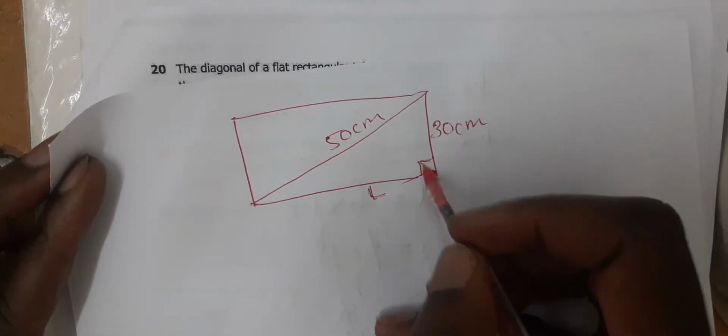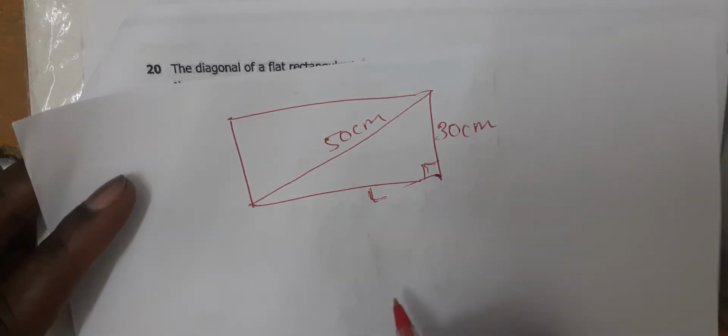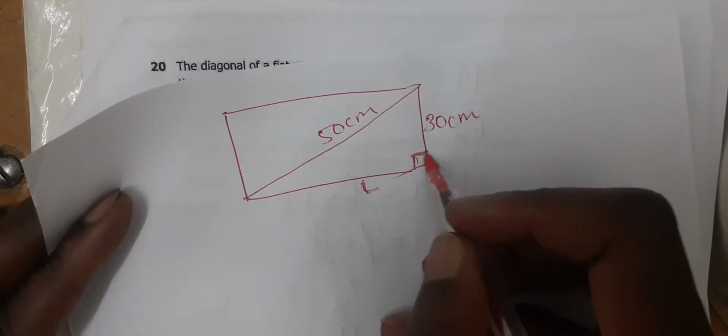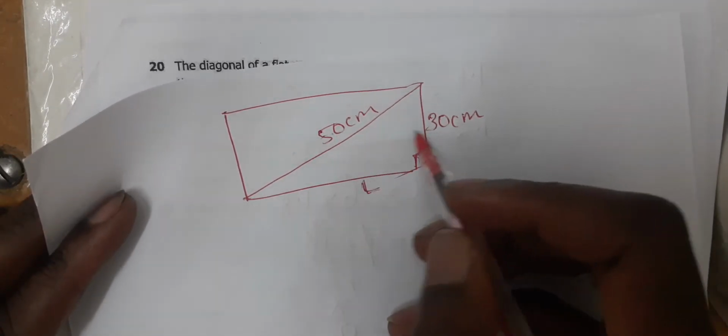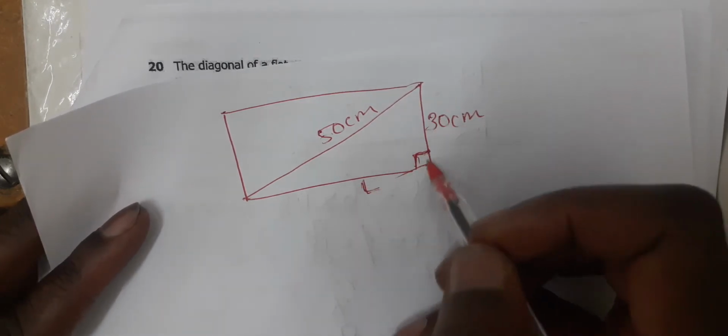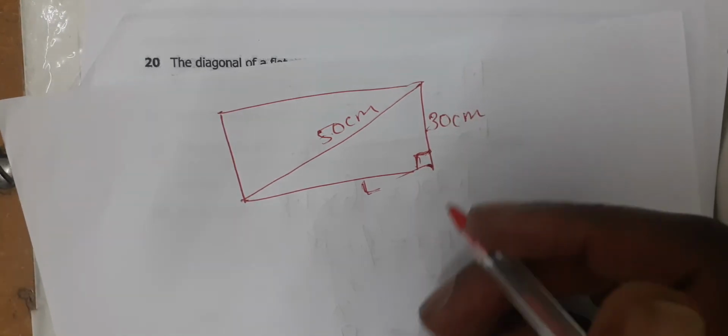Now you know, since this is a rectangle, we are using Pythagoras Theorem here. This is the hypotenuse, okay? Then these two sides, one is the adjacent, the other one is the opposite. So what are we supposed to do?